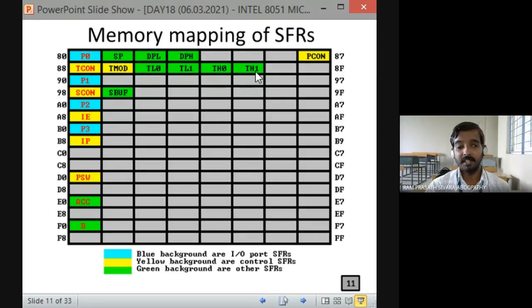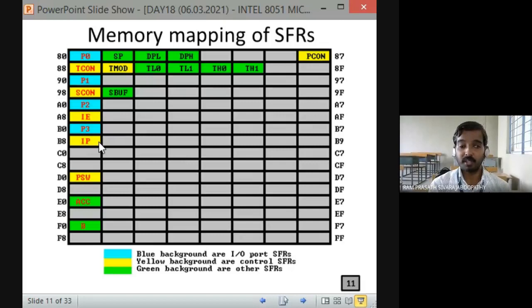To program the serial port, we have 2 registers, SCON and SBUF. These 2 registers are used for programming the serial UART. Then IE and IP. These 2 registers are used for programming the interrupts.